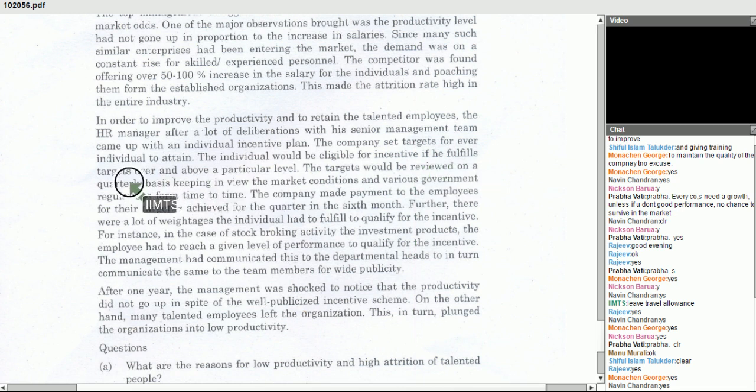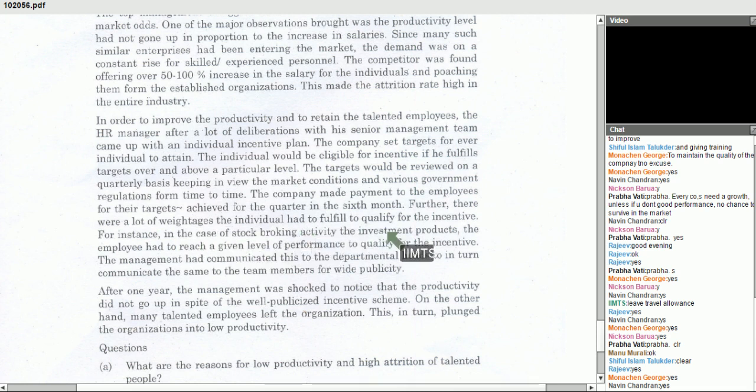The target would be reviewed on a quarterly basis, keeping in view the market conditions and various government regulations from time to time. The company made payment to the employees for their targets achieved for the quarter in the 6th month. Further, there were a lot of weightages the individual had to fulfill to qualify for the incentives.